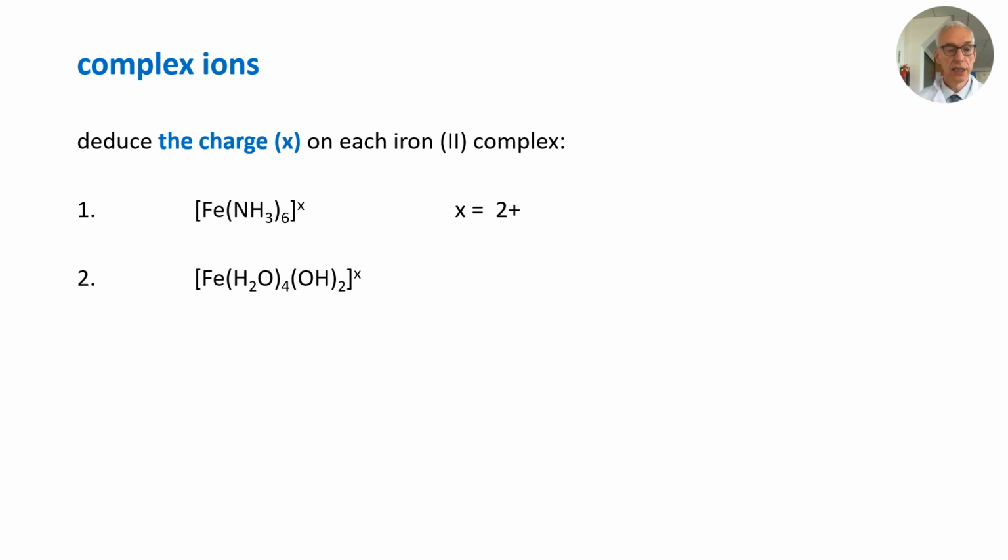Now here, we've got +2 for the ion, and we've got 2 times -1 for the hydroxide ions, and of course, the water molecules are neutral. So we've got +2 and neutral, 4 neutral molecules and 2 times -1. So there's no charge on that particular complex.